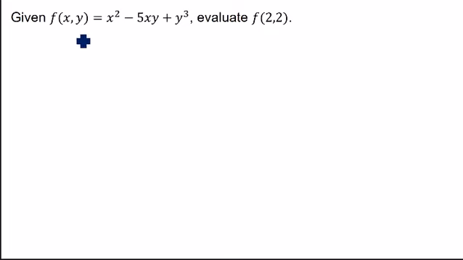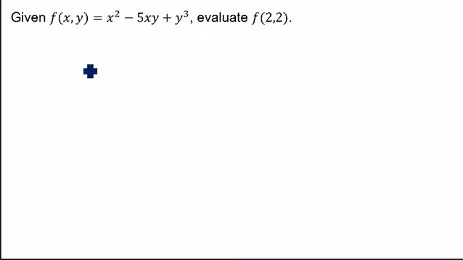It says given f of x y equals x squared minus 5 times x y plus y cubed, and we've got to evaluate this function at 2 comma 2. Just like the function of one variable, all you do is replace these variables with the given values.